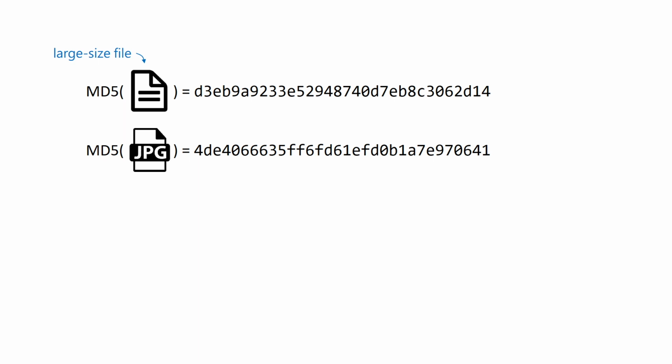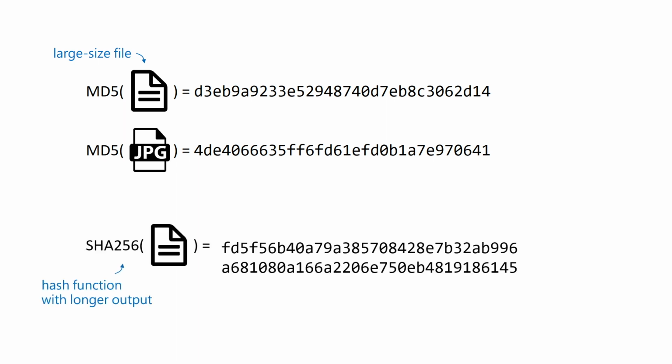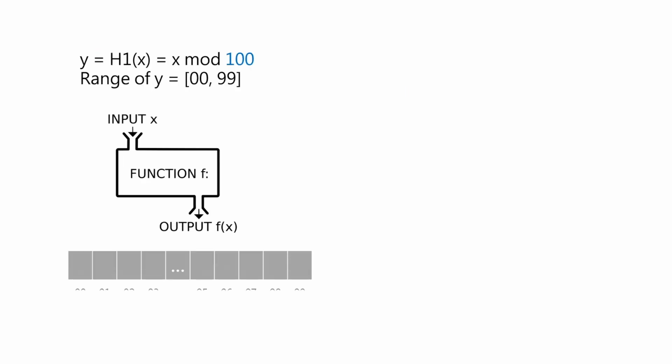Although we may have hash collision problems here, that is, different inputs may have the same hash values, generally speaking, if the length of the output is larger, we can lower the possibility of hash collision. It is easy to understand that H1 has only 2 digits, so it has 100 buckets as the output.